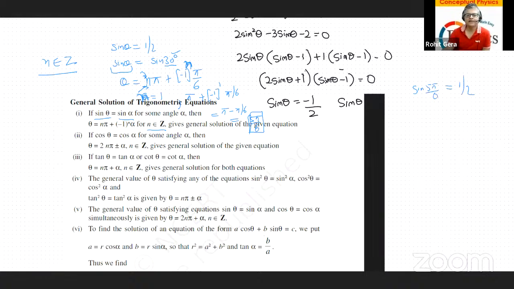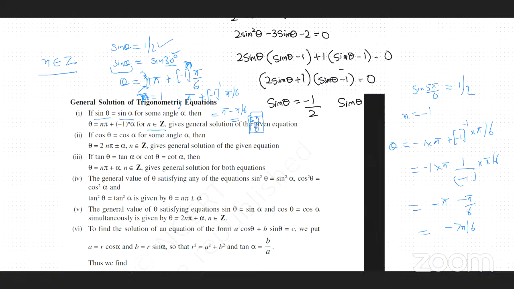If you put n is equal to -1, so theta is equal to -1 into pi plus -1 raised to power -1 into pi by 6 is equal to -1 into pi minus pi by 6 is equal to -7 pi by 6. So even at -7 pi by 6 you will get half.